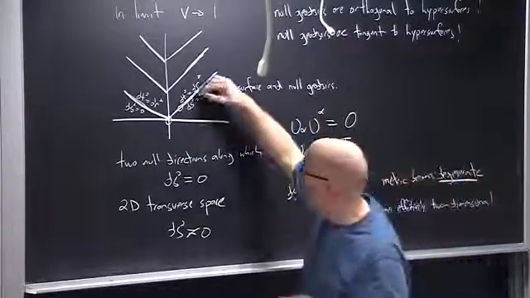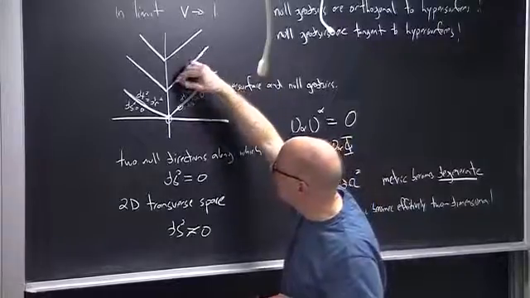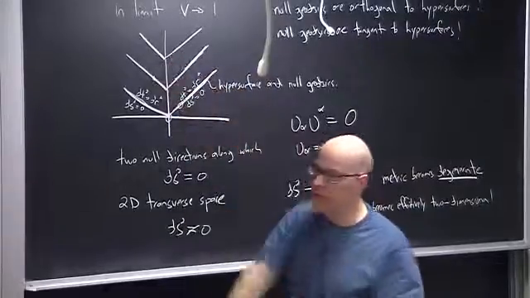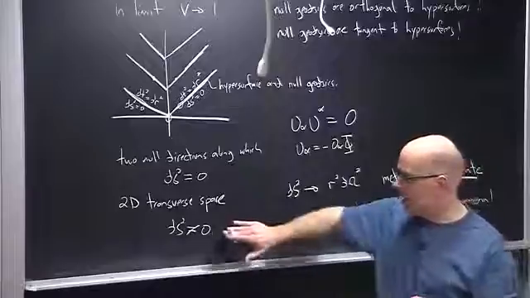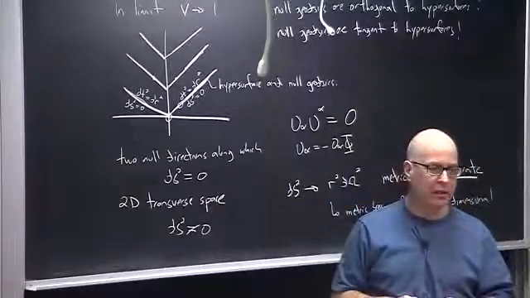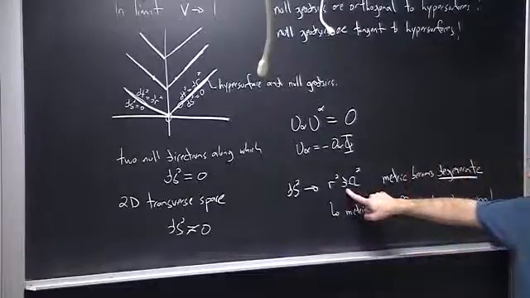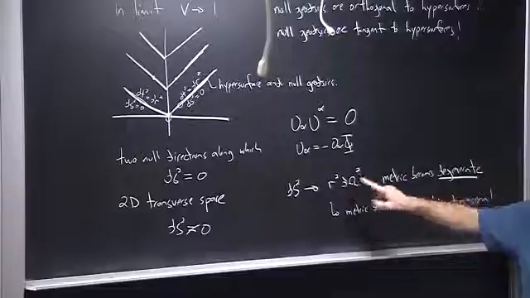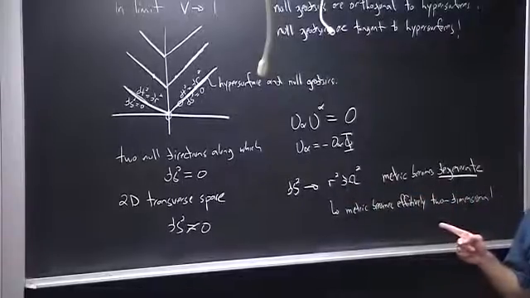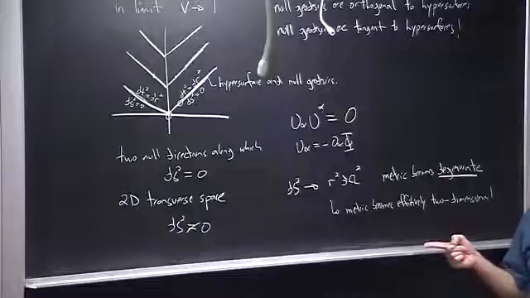But each one of those points over here and everywhere really represents a 2-dimensional subspace, and it's in that transverse subspace that we get our non-zero ds squared, which is the one that we find here. So the null case is weird because of the fact that we're basically down 2 dimensions.